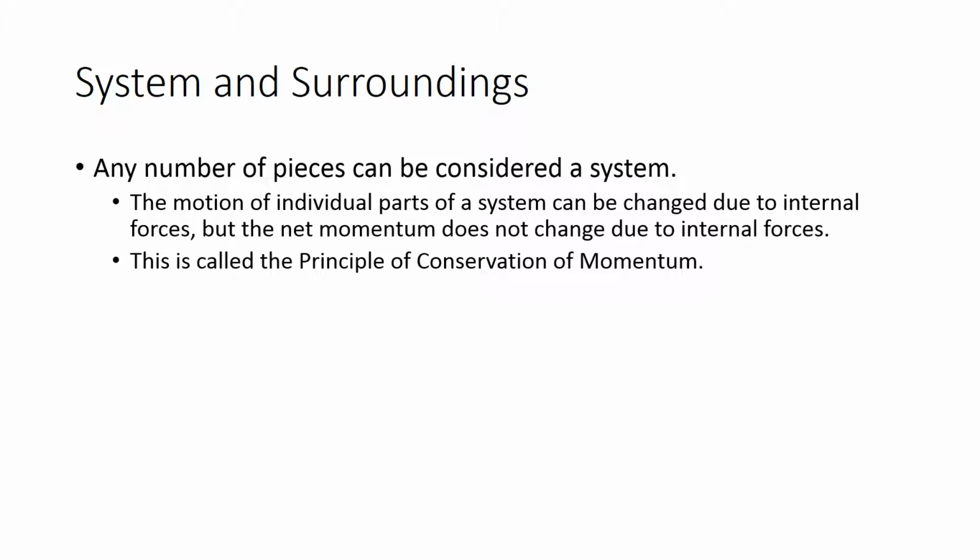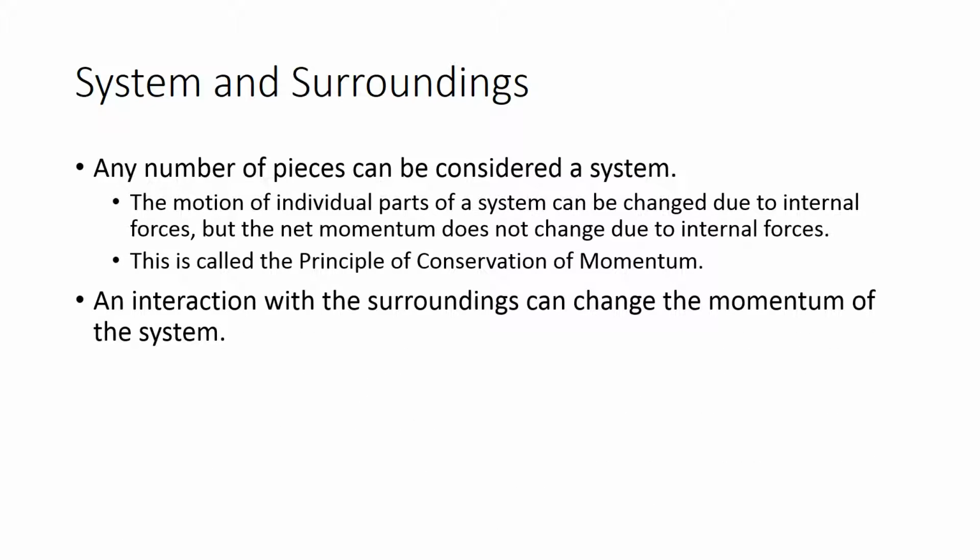It is one of the key aspects of physics overall. The principle of conservation of momentum has been responsible for a tremendous amount of development over time. An interaction with the surroundings can change the momentum of the total system.